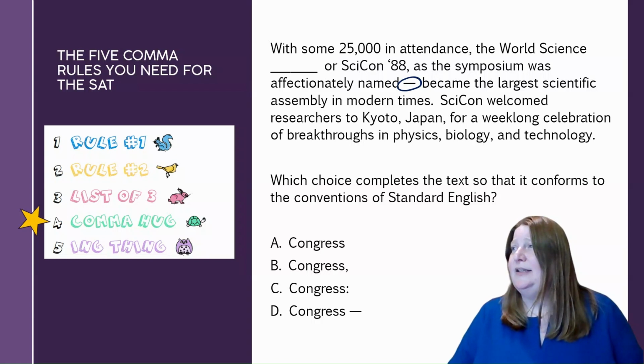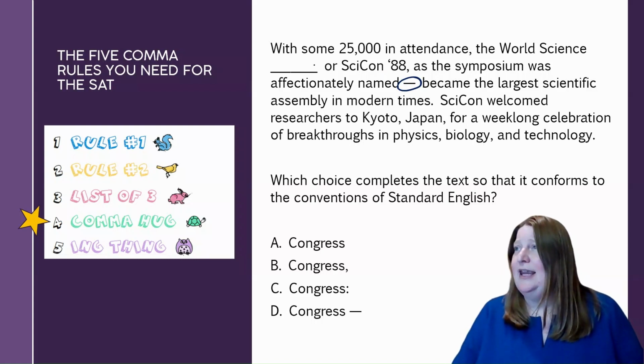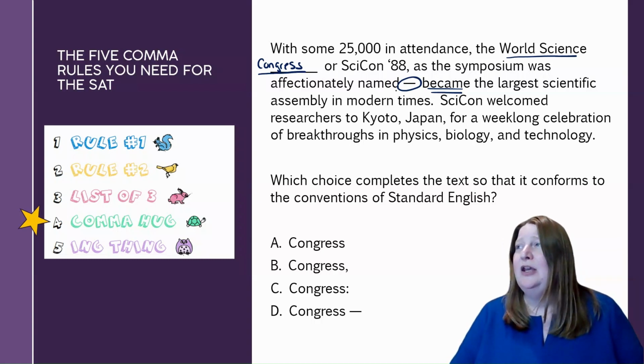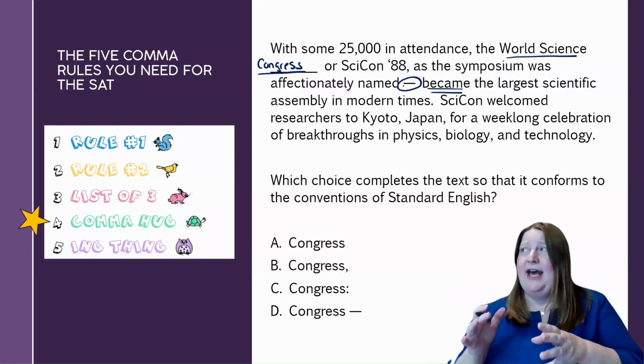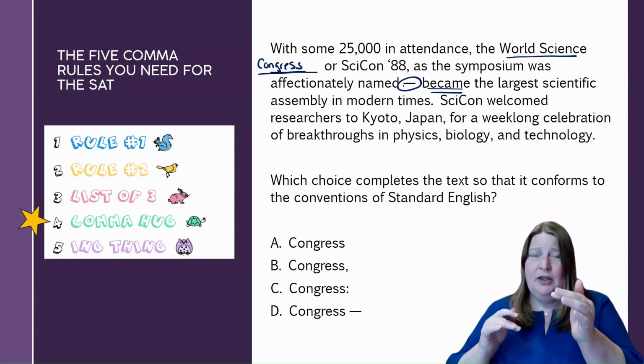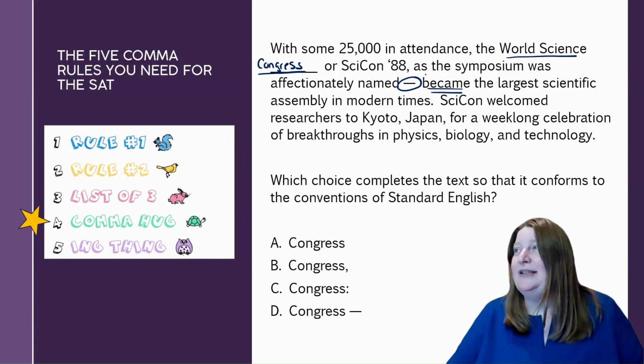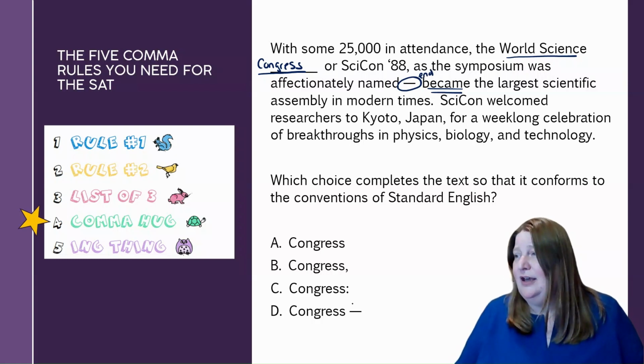"With 25,000 attendees, the World Science Congress, or SciCon 88 as the symposium was affectionately named, became..." We've got a verb right here. What became? I think it was this World Science Congress that became. So we cannot have a dash between the subject and the verb. Well, we can't have just one dash. So this must be the ending of a dash hug.